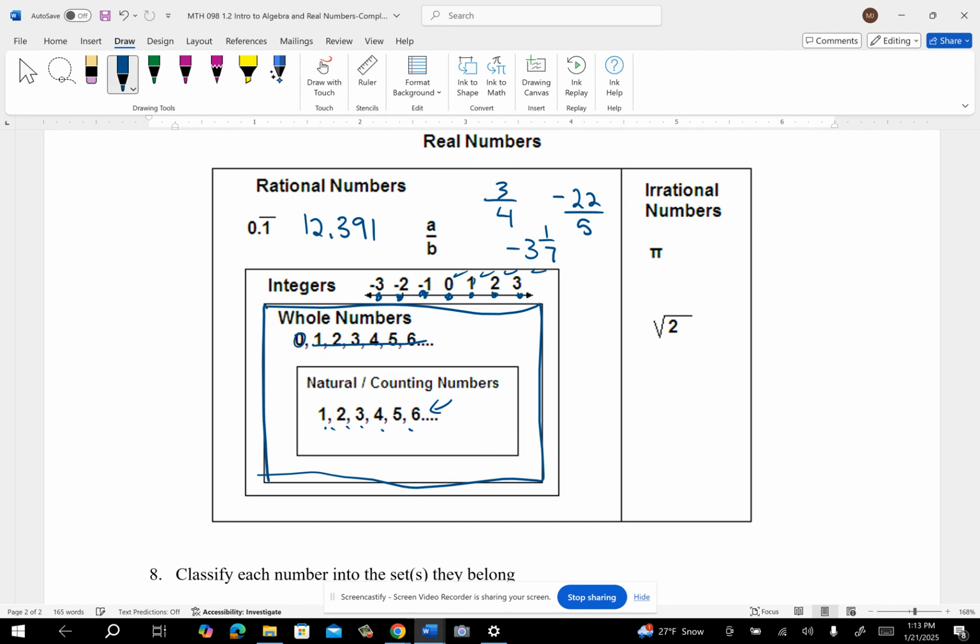All of those would be rational numbers. Rational numbers are numbers that can be written like a fraction if we wanted to, where A and B are both integers. So if it's possible to write it as a fraction where A and B are both integers, then that makes it rational. But they don't have to look that way to start with.